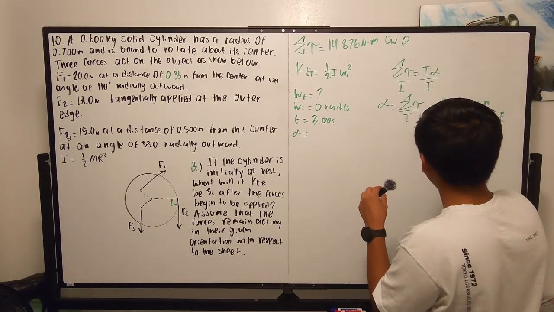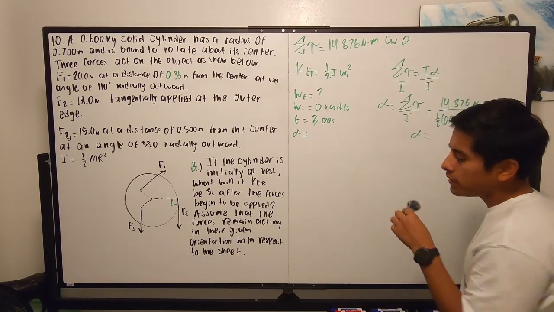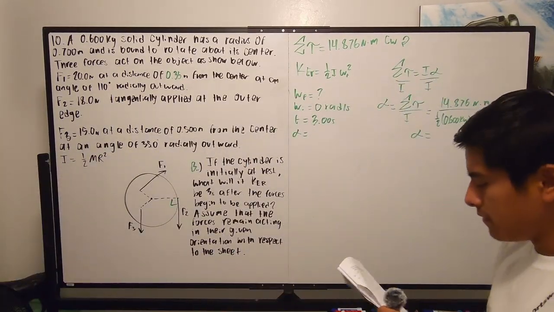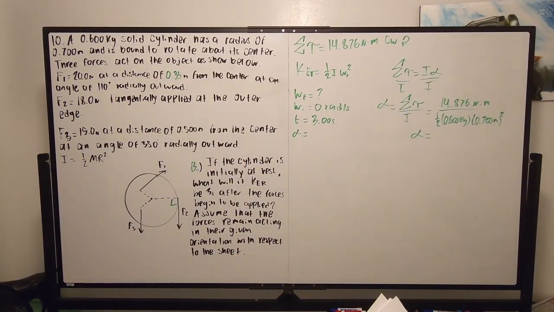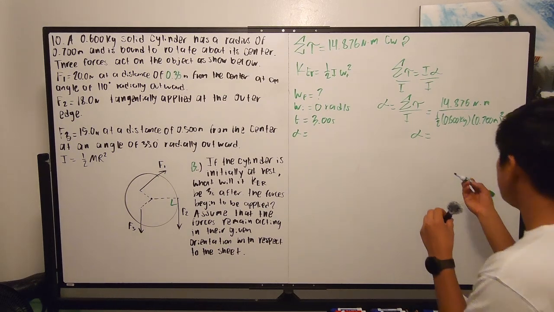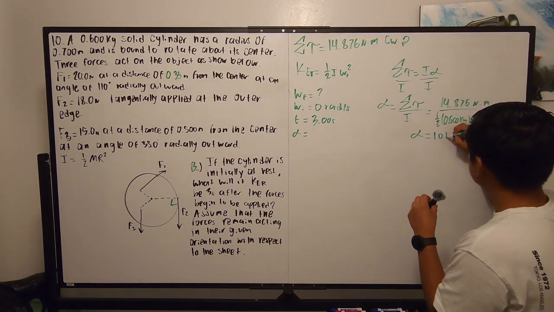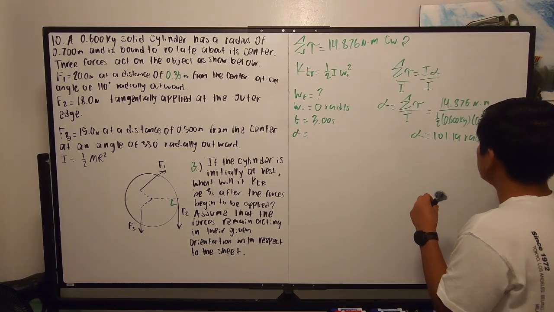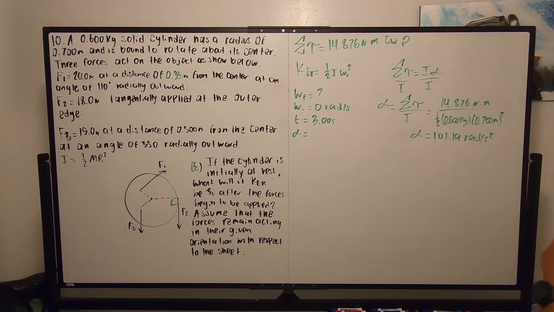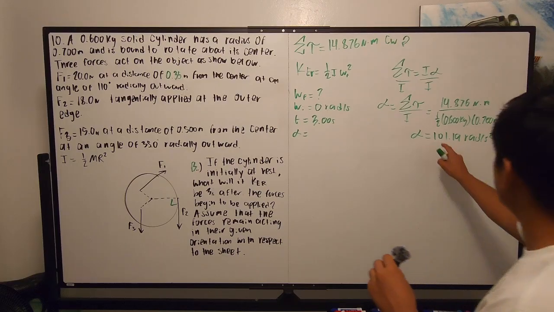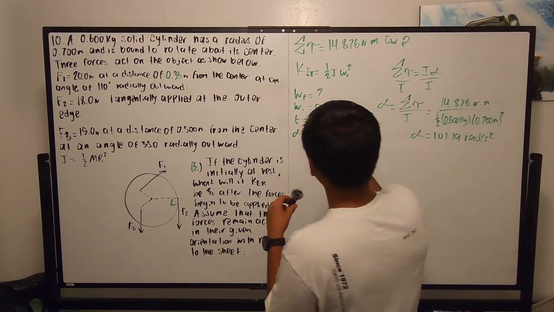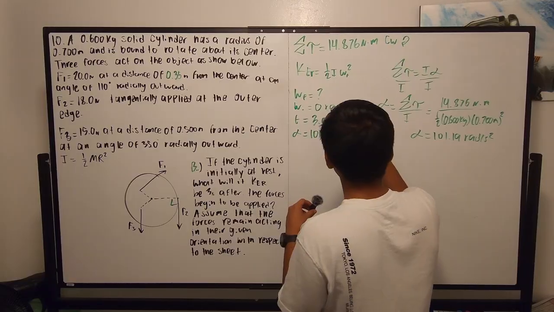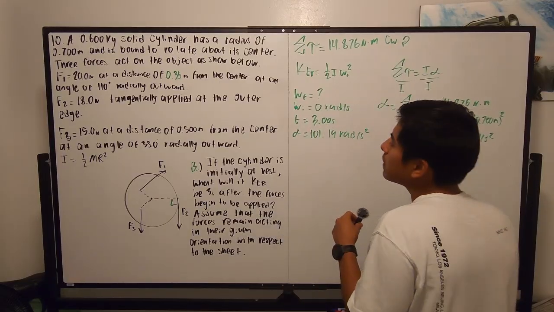Plugging that into your calculator, you'll get that alpha is equal to 101.19 radians per second squared. So now we can rewrite this over here: 101.19 radians per second squared.